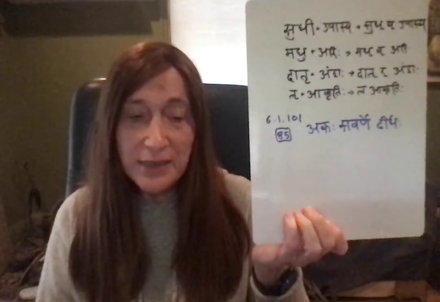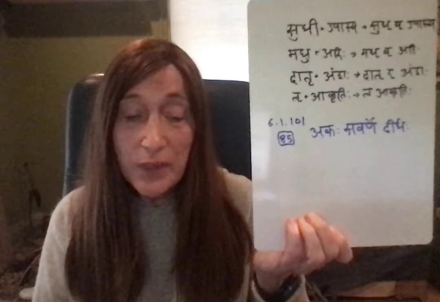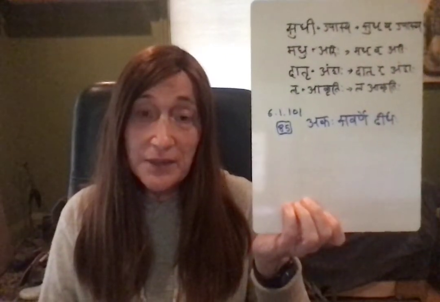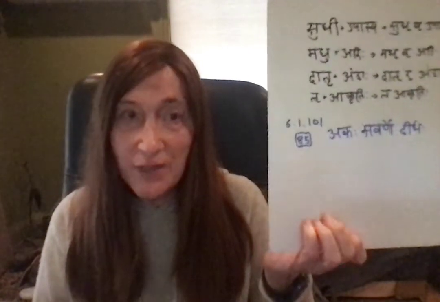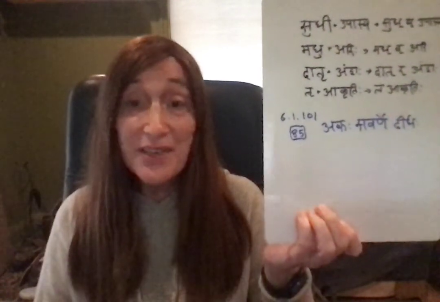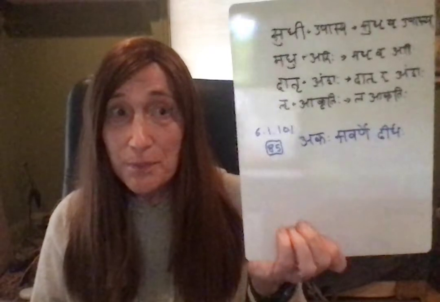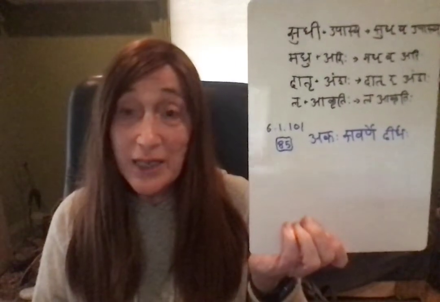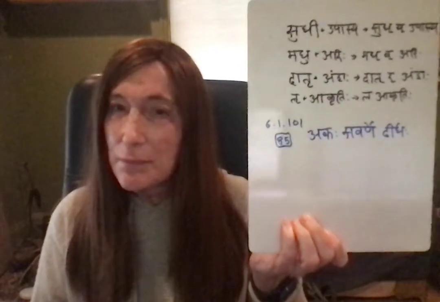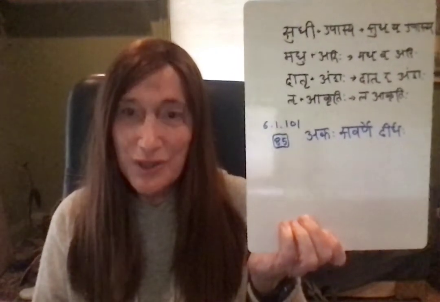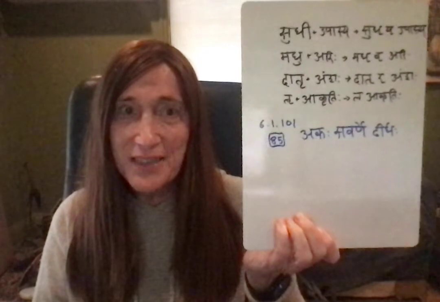Down the line at 6.1.101, and 85 in Siddhanta Kaumudi, we get akasavarne dirgaha, because even a wonderful sutra like Ikoyenachi has got to have some exclusions or limitations on it, and we'll get to that shortly.